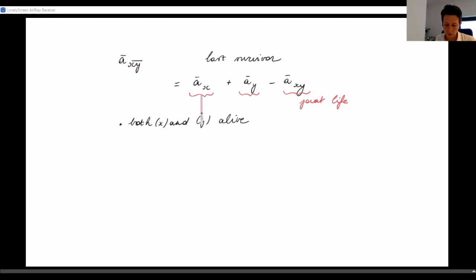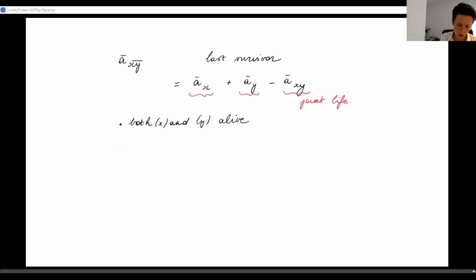This product will pay me an income of 1 at the rate of 1 per year, and this one as well, right? So I'll get an income of 2 as long as they're both alive, 2 per year minus 1 per year over here. So in total, I indeed receive 1 per year, as long as they are both alive, right?